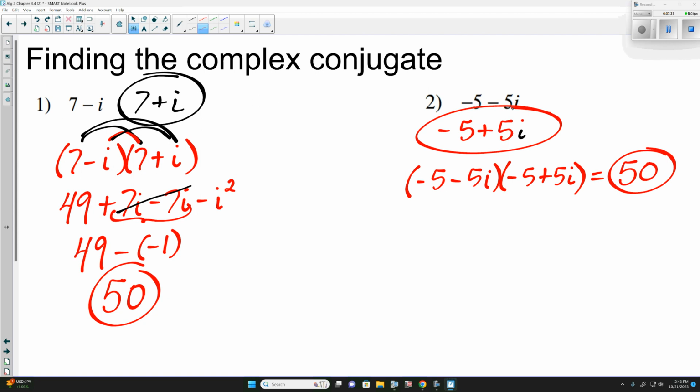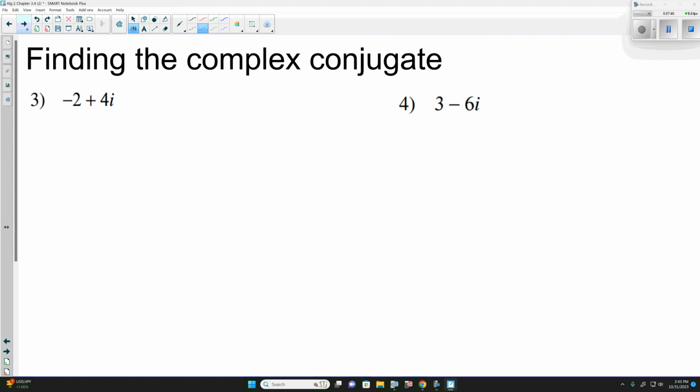Questions on any of this here? We ready for the next one? 2 plus 4i. Complex conjugate would be? Negative 2 minus 4i. Now we do need to multiply the two together to get their product, which would be?